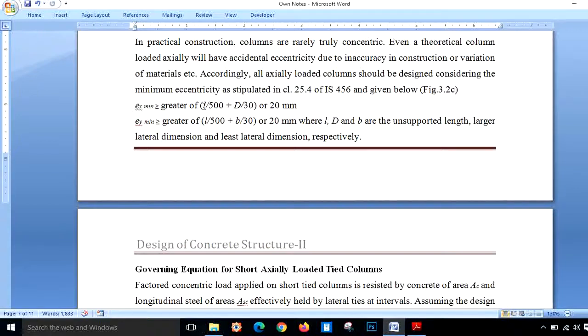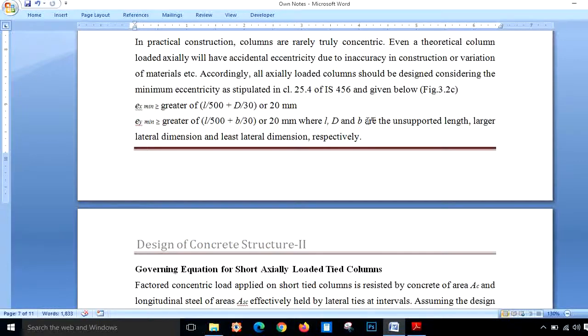Which are those? L is the unsupported length, so L divided by 500 plus D divided by 30, or 20 mm. Again, the eccentricity in the y direction should be the greater of L divided by 500 plus B divided by 30, or 20 mm, where L, D and B are the unsupported length, larger lateral dimension and least lateral dimension respectively.